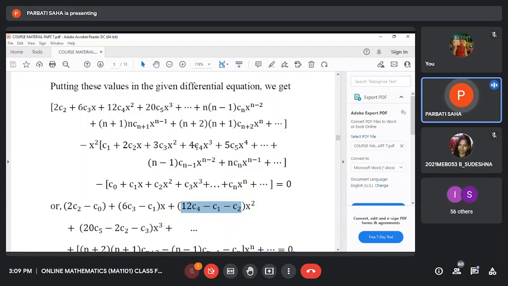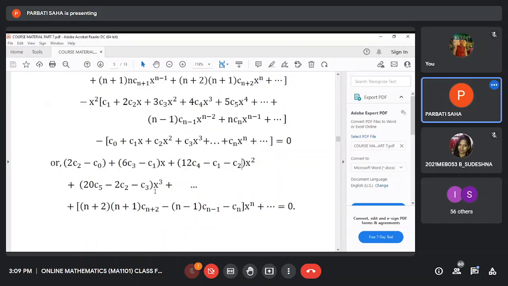In the second expression, x square into x, minus 2c2 x cube. And in the last expression, minus c3 is the coefficient of x cube.